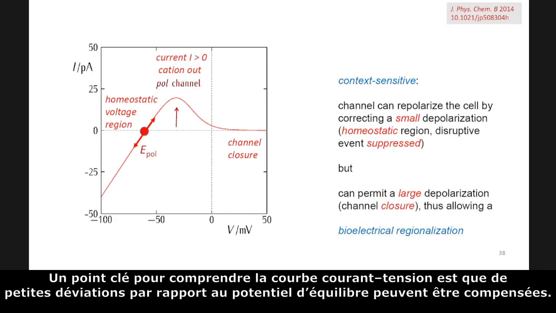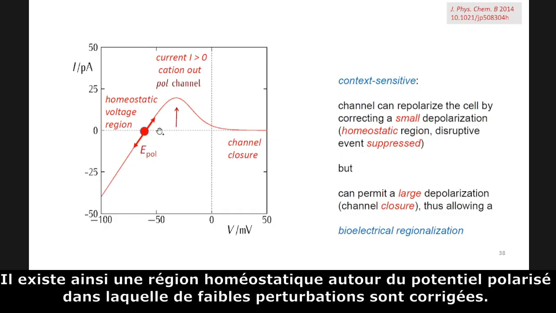An important thing when we try to understand the current-voltage curve is that small deviations from the equilibrium potential can be compensated. I mean, there is a homeostatic voltage region around this polarized cell potential where small deviations can be compensated.